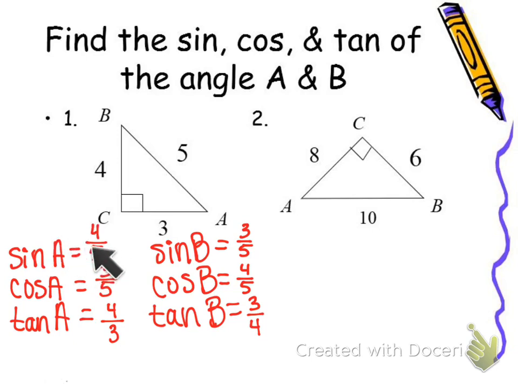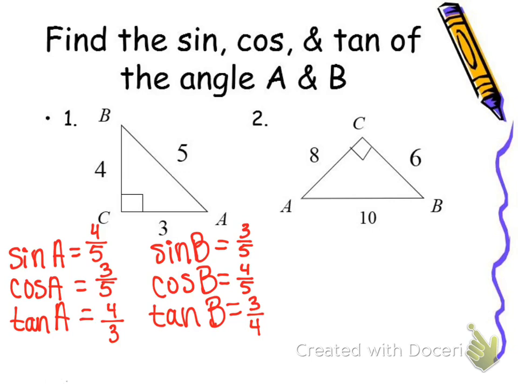Sine of A is the same as the cosine of B. And the cosine of A is the same as the sine of B. Okay, that will always happen. Just like for tangent of the two angles, they always are the reciprocal of each other. The sine of one angle is going to be the cosine of the other angle. That's another thing that always happens.